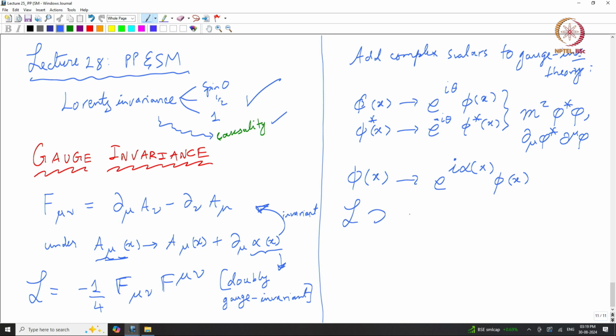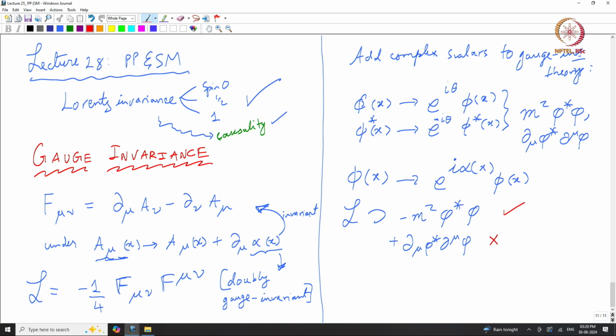Now let us again look at the mass term. Is this term gauge invariant? Yes, it is. Even though it is a local transformation, even though it is a local rephasing, it is still gauge invariant. Good. Then how about this? How about the kinetic term? That is not gauge invariant.